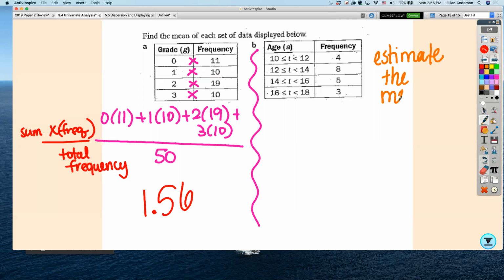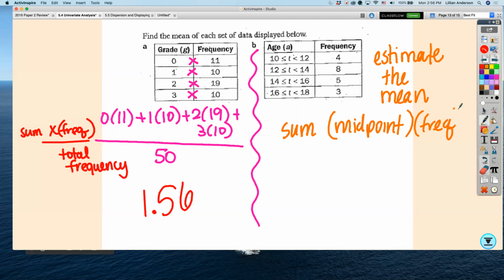And to do that, instead of taking the X values, because I have a range, you take the midpoints of each class, and you multiply that by the frequency. And that is your numerator. Then of course you divide by your total frequency, and the total frequency is your denominator. So you take the midpoint of each class.